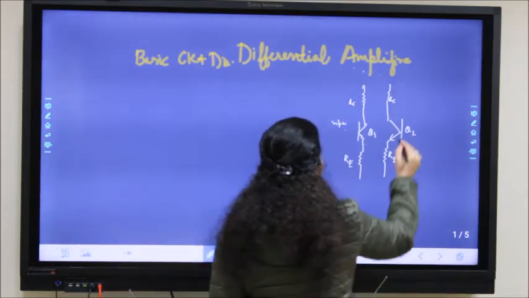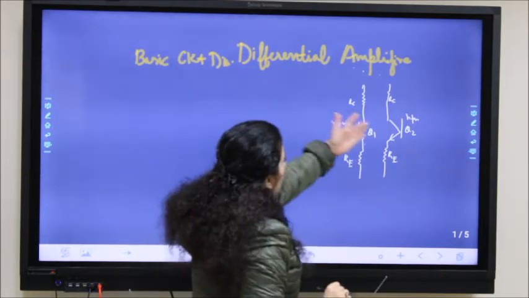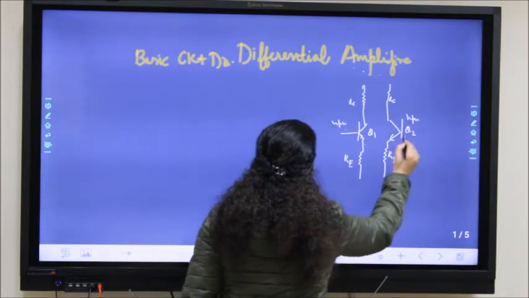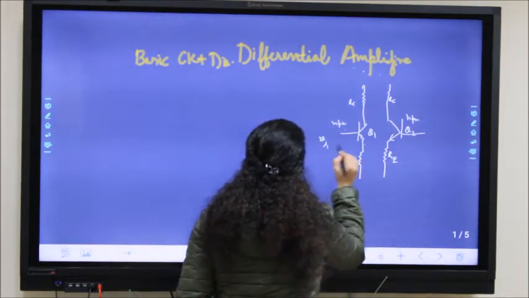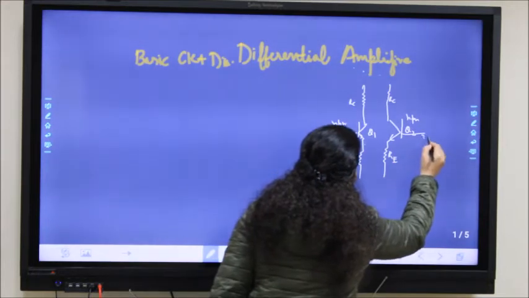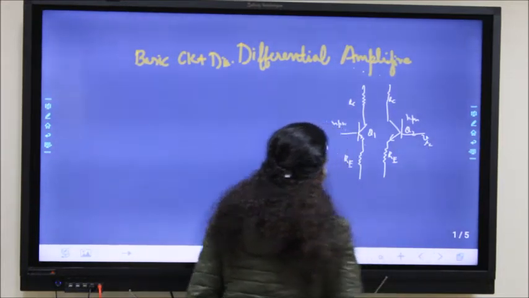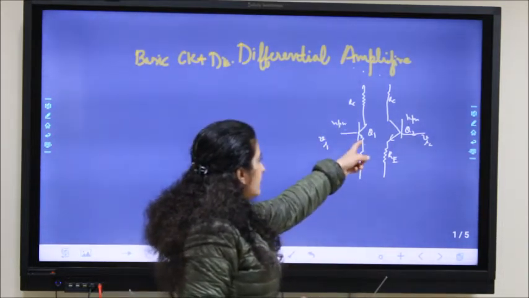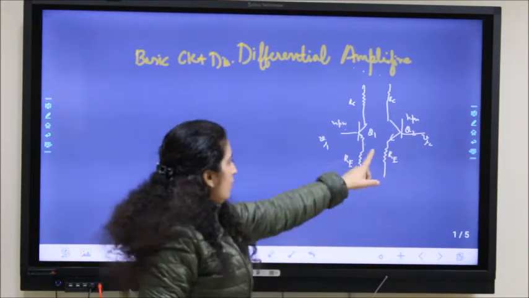We take two NPN transistors, that is we are taking two amplifiers. Here we are applying the inputs. This is the VI1 input of this amplifier and this is VI2, the input of the second amplifier.